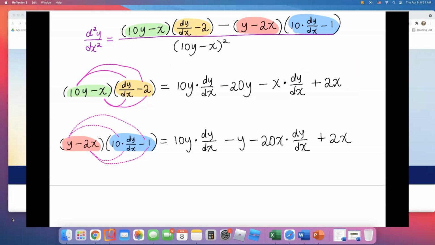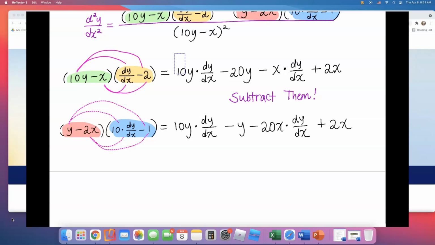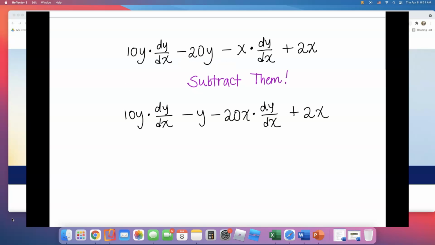Okay, take notes here. Subtract these two. Whoopsie, I did not mean to write it with the dotted line pen. Subtract them. Maybe I can copy this down here and then I will subtract these here, okay?